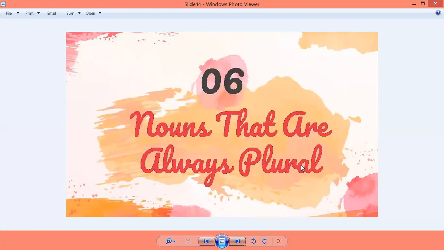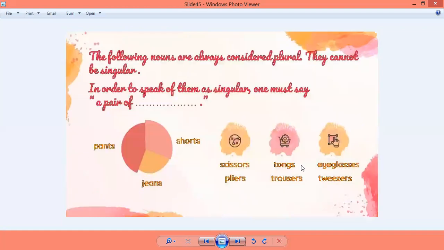Sixth one is nouns that are always plural. There are some nouns that will always be in plural. They are never going to be singular. The following nouns are always to be considered plural, and they will always be followed by a plural verb.